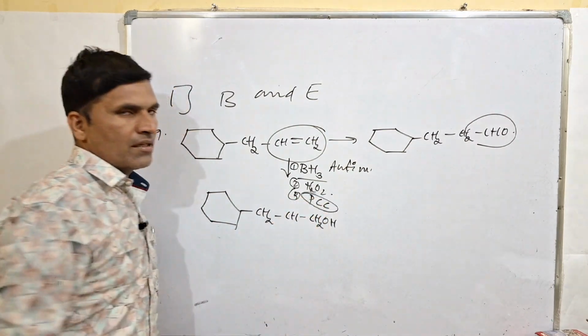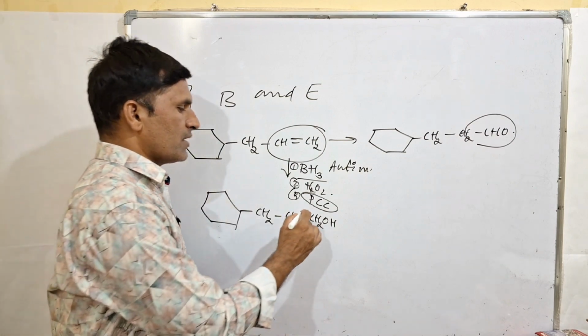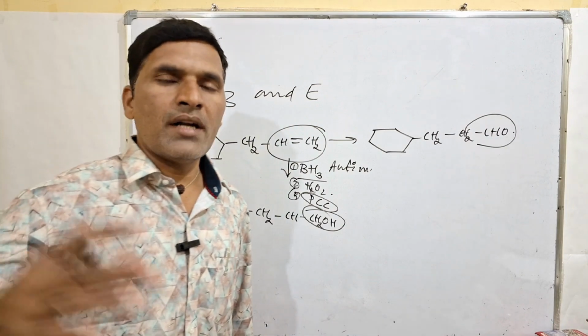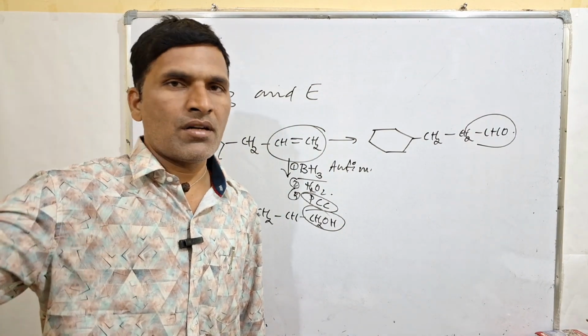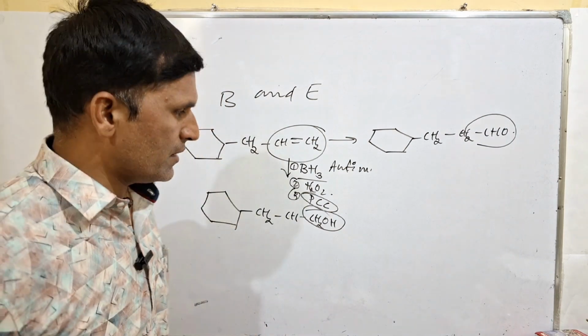So then what happens? Selectively it is going to oxidize alcohol to aldehyde only. Okay, it will not allow further oxidation leading to the formation of the carboxylic acid.